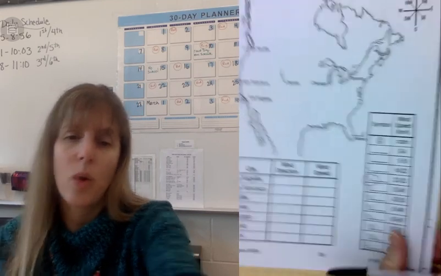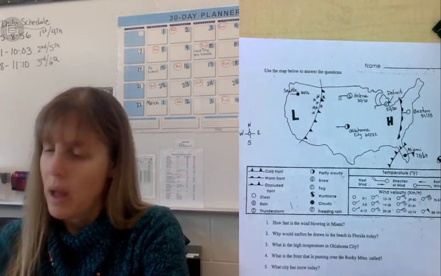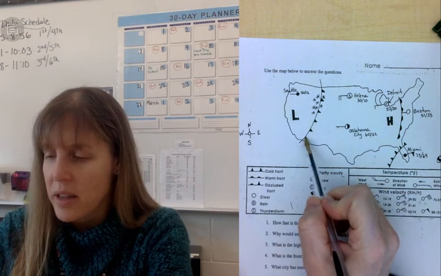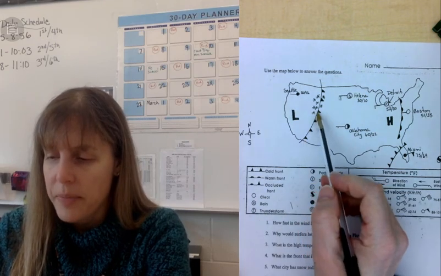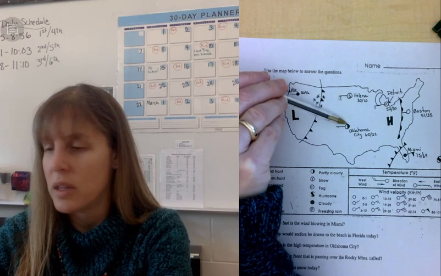All right, another quick thing we need to cover here. So this would be a common weather map. And you see right here we have a cold front. You can see the side that the triangles are on. That is the direction that the weather is flowing. The cold front is flowing this direction, okay?